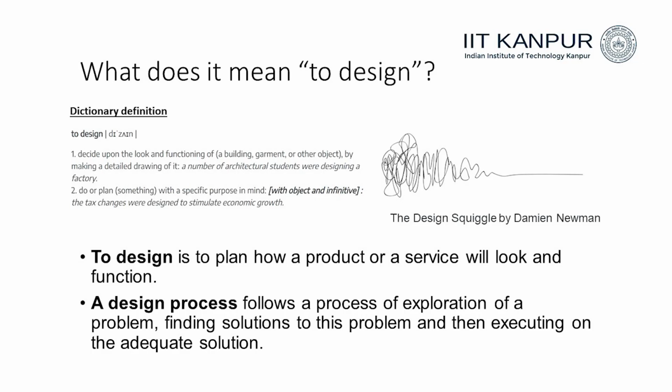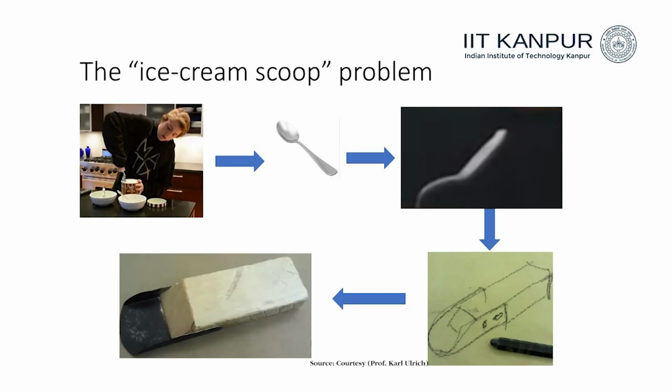That is critical, and many times designers miss this point, that they need to explore the problem first, not jump to a solution straight away, then go about finding the solutions. And once you have found the solution, don't stop there, execute it and come up with the final product, such as this IoT smart clock. Okay. So all three of them: exploring, finding solutions, and then executing.